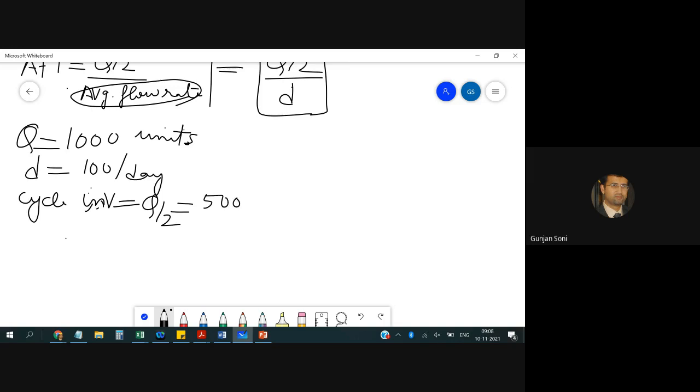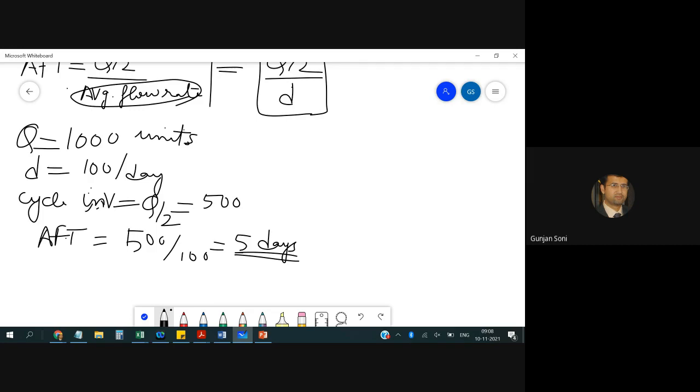You can also say this is the average inventory. So average flow time would be easy to calculate: 500 by 100, so that's your 5 days. So 5 days is the time which the particular product is spending in the supply chain.